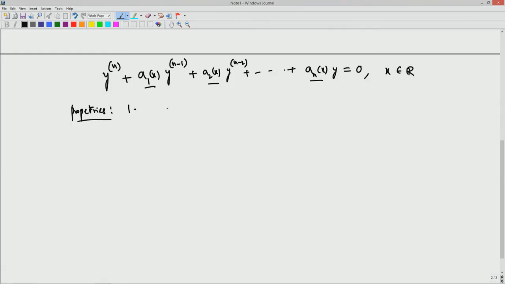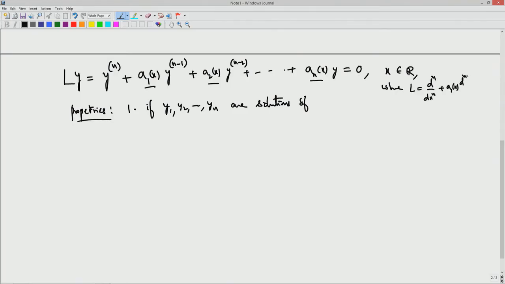First, if y1, y2, ..., yn are n solutions of Ly equal to 0, where L is an operator on y, L is d^n by dx^n plus a1(x) d^(n minus 1) by dx^(n minus 1), up to a_n(x) acting on y, so that Ly equal to 0 is the equation.